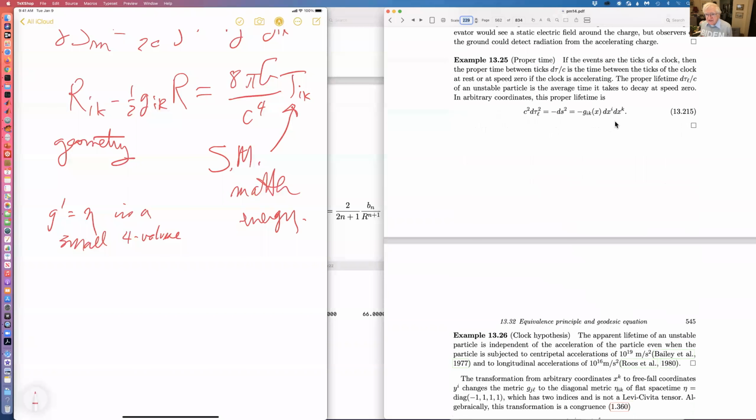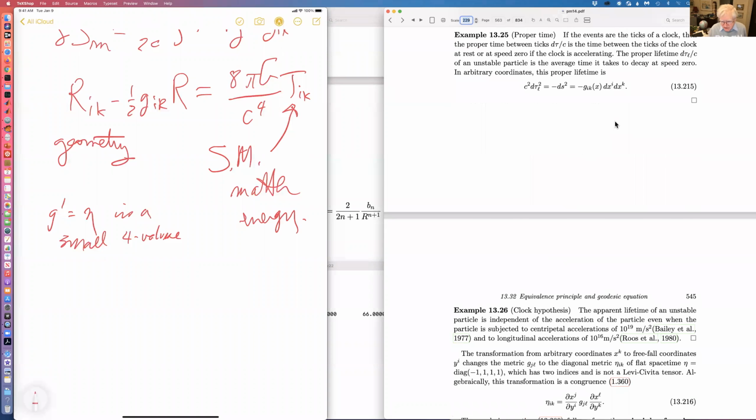It's not that they decay at the same rate as they would at rest. It's rather that they decay at a rate that depends upon their velocity in the lab frame and is independent of the acceleration.